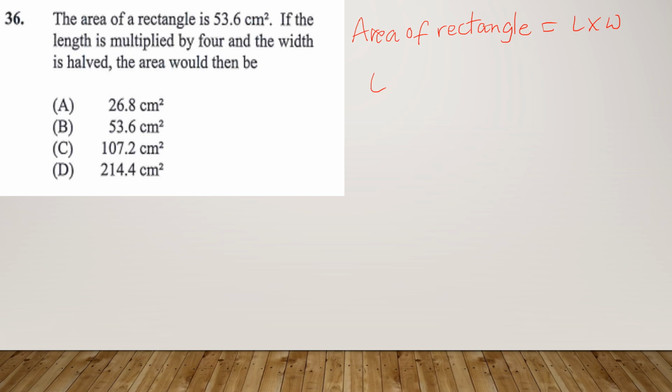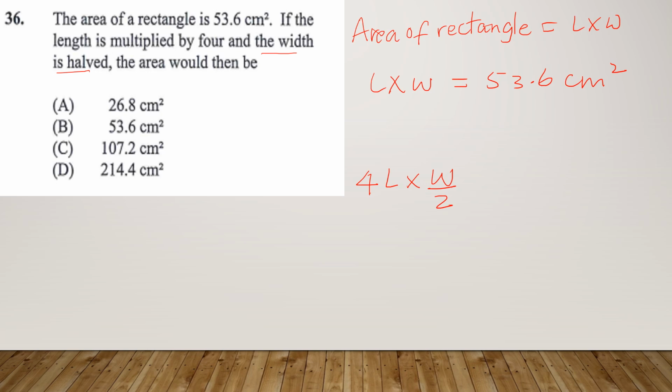So they're saying that length times width is 53.6 centimeters squared. So if we multiply the length by 4, 4L, times the width, which is half, W over 2. What will be the area?